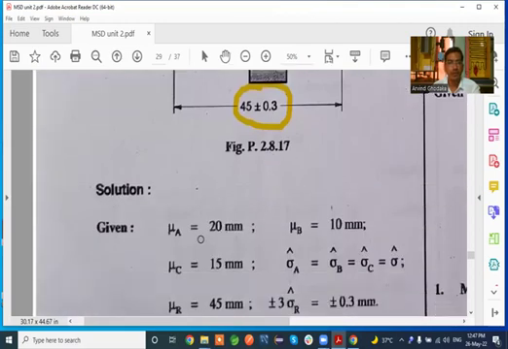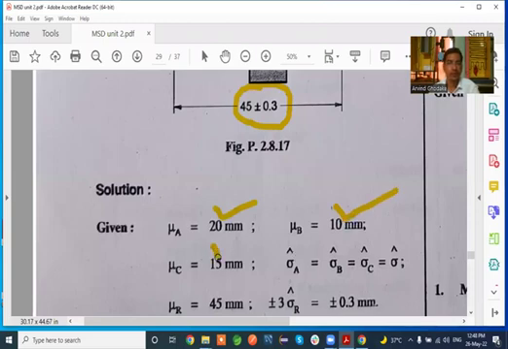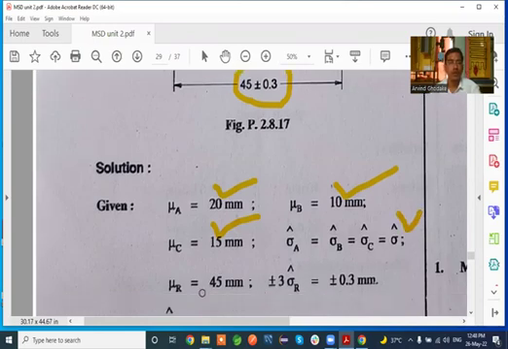So the given data: mean of component A is 20 mm, mean of component B is 10 mm, and mean of component C is 15 mm. Then standard deviation for component A, B and C is equal, therefore it is equal to sigma cap. Then mu R is equal to 45, that is nothing but the resultant mean.